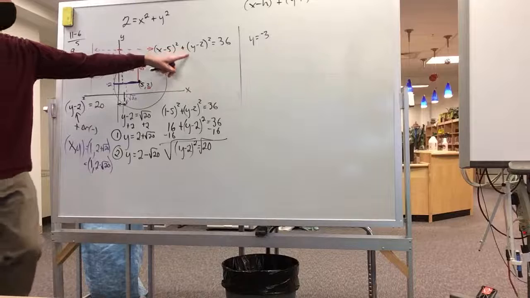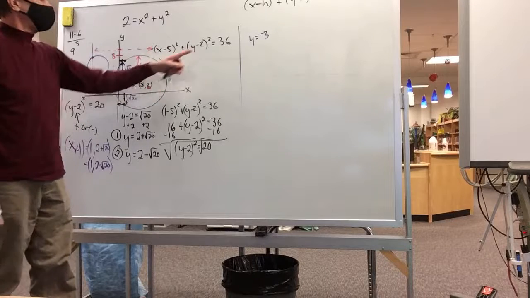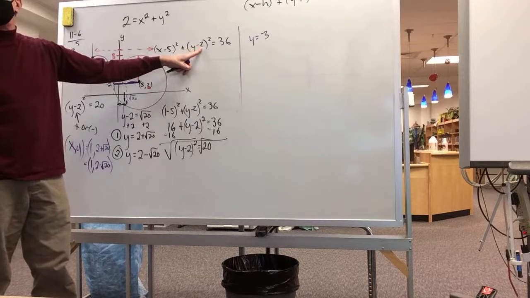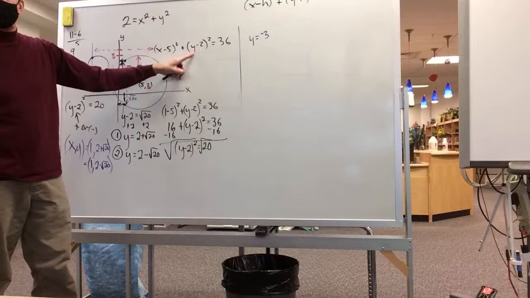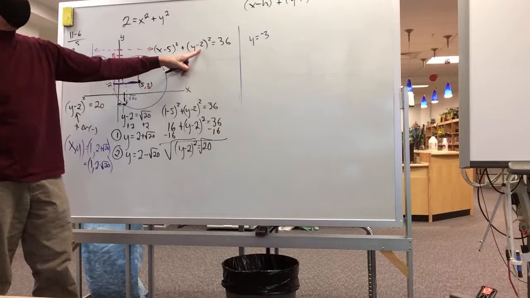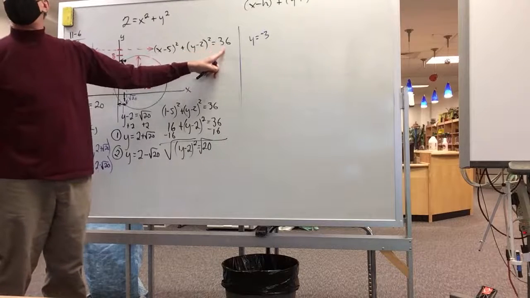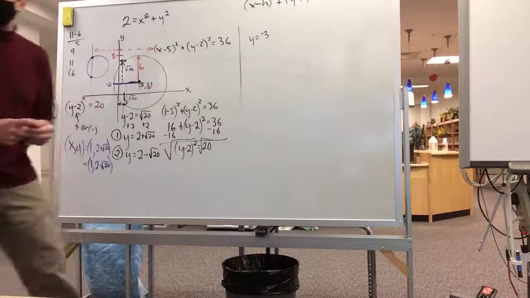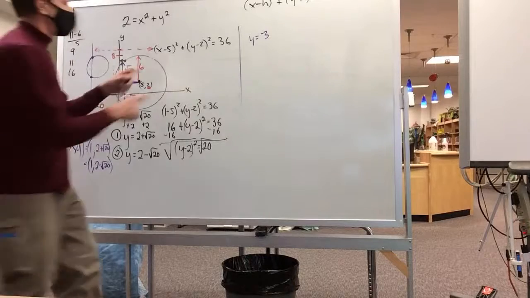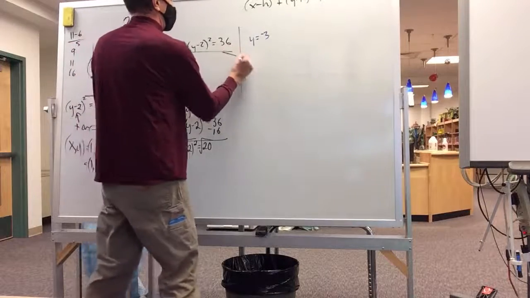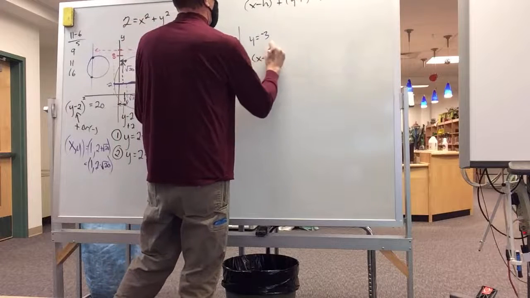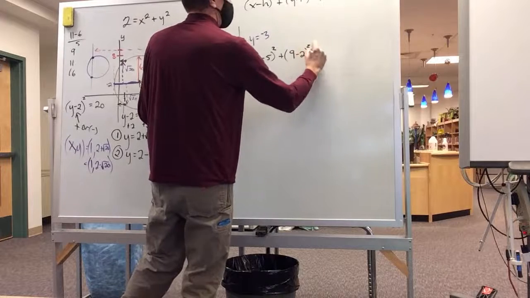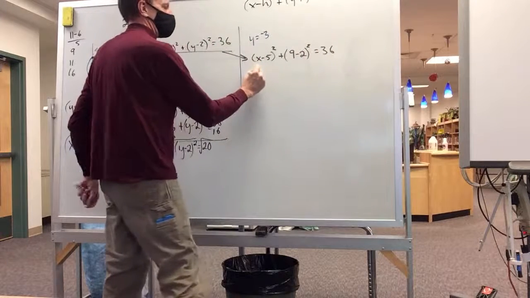If you put 9 in here, 9 subtract 2 is equal to 7. 7 squared equals 49, and when you subtract that, it becomes negative, and it's not possible to get a negative answer here. Would you like to see that real quickly? Sure. So in this equation, we have (x − 5) squared plus (9 − 2) squared is 36.